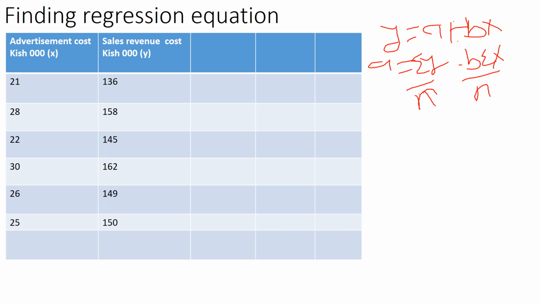And then we also know that the value of b is given by n, where n is the number of observations, times the summation of xy, divided by n times the summation of x squared.